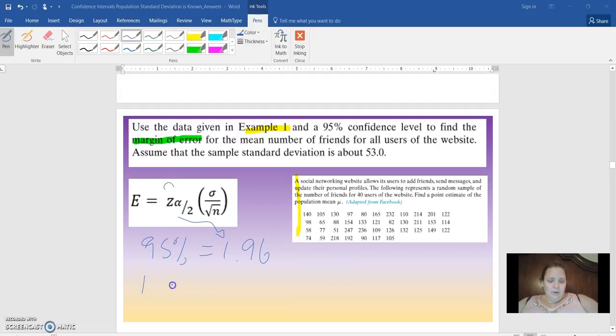So I'm going to do 1.96 parentheses. There were 40 of them, so that's n. This is Z alpha over 2, and then I need my standard deviation. I'm going to go look.